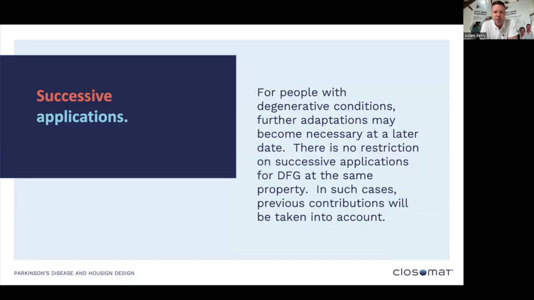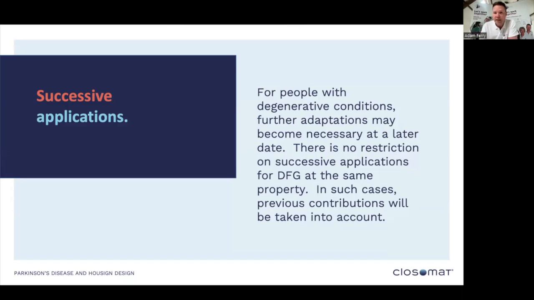It's to remind ourselves there's no restriction on successive applications for DFG at the same property. In such cases, previous contributions will be taken into account. And it's why we should encourage, wherever we can, people to apply for DFG, even if they know that there's going to be a nil reward, because what they've spent will be taken into account on future cases.